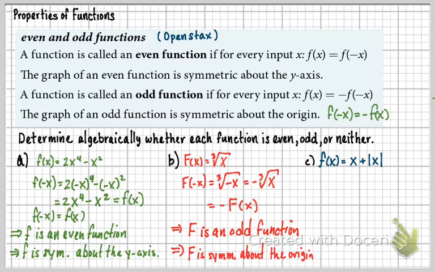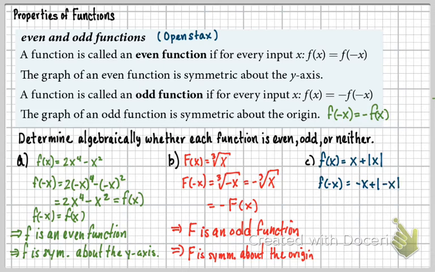So now let's look at the last one. This is f of x equals x plus the absolute value of x. We start with f of negative x, and that equals negative x plus the absolute value of negative x.